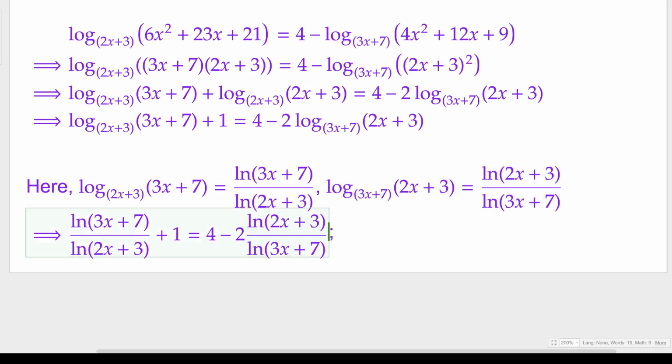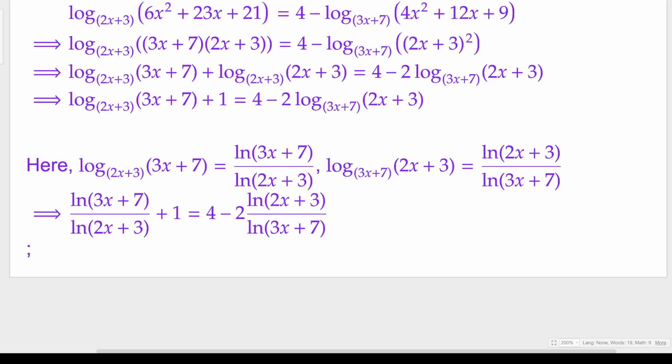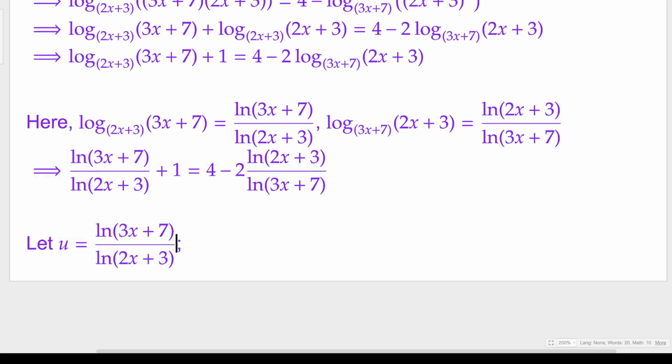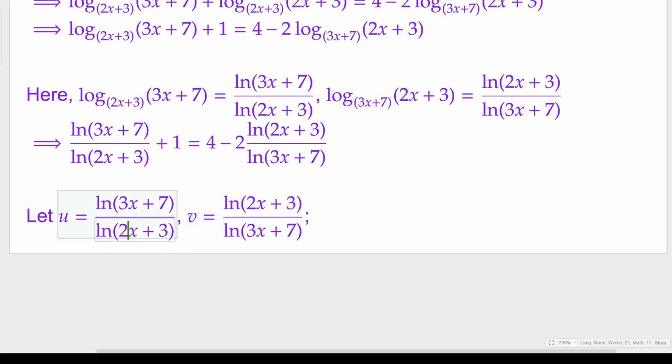Now on proceeding ahead, I'll make an assumption. Let u represent this particular quantity and v represent this other quantity, and considering that u and v are defined and the denominator never becomes 0.